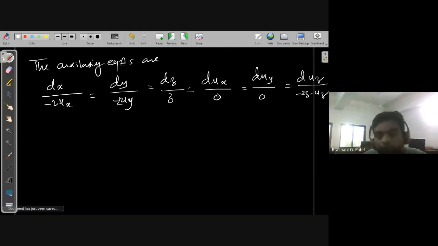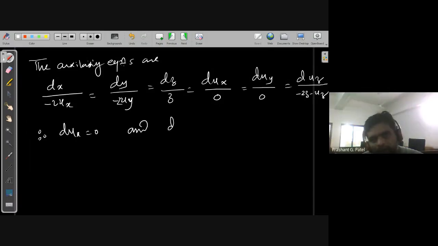Now how to solve it? We need two linearly independent solutions of this auxiliary system. The first one has dux upon 0, so that will give me dux is 0 and duy is 0. So that will give me ux is constant, let's say a, and uy is constant, let's say b.